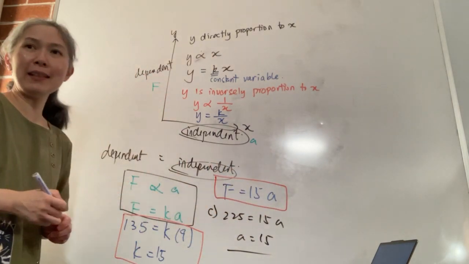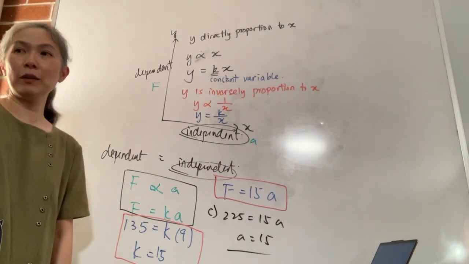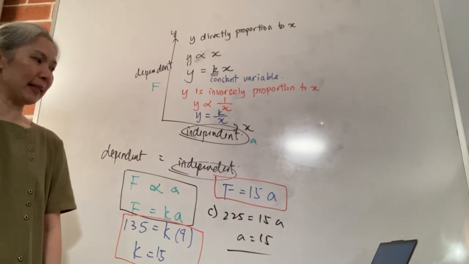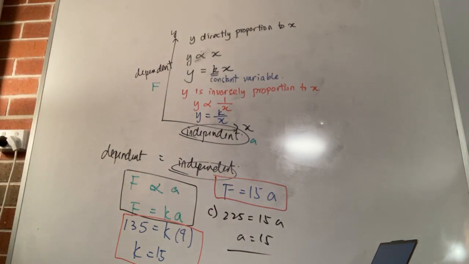What are you going to sub in this time for question D? A equal to 10. Yeah, sub it in. F equals 150. Yeah, so you have that. That's done. And the last one is sketching it.